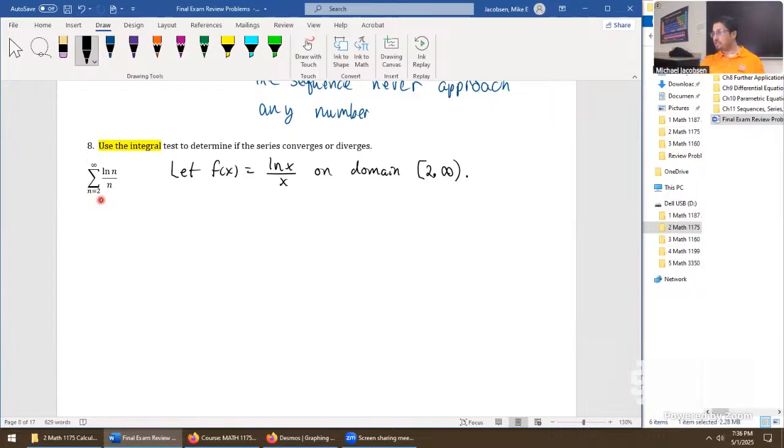So thoughts about this function is that the natural logarithm is positive on 2 to infinity, and definitely so is x. So we can say then f is positive. We can also say continuous because we skipped across the discontinuities.